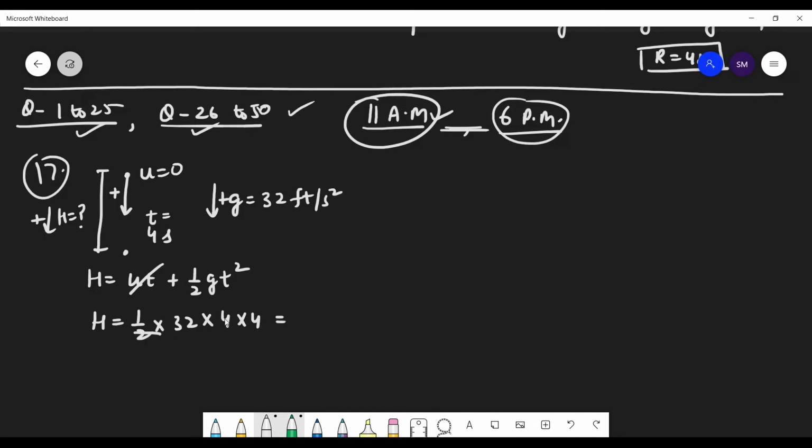Half of 32 is 16, so 16 into 16. That is 256 feet. Your g is in feet, so h will also be in feet. Okay, students? So that was question number 17.